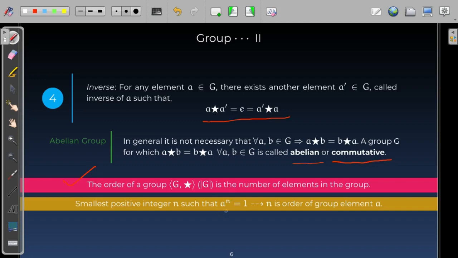If you have a multiplicative group, then the smallest positive integer n such that a to the power n is equal to 1, is called the order of the group element A. And if it is an additive group, then n times A, so we are adding A n times, must be equal to 0. Then this n is called the order of this group element A. We will see these definitions later in detail.